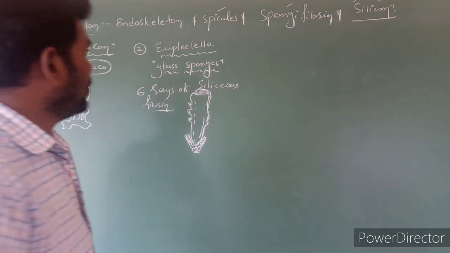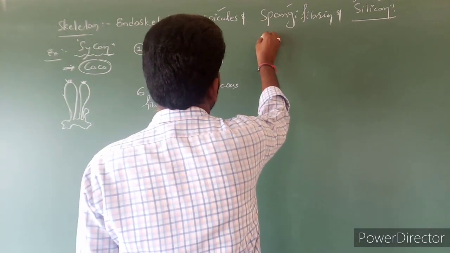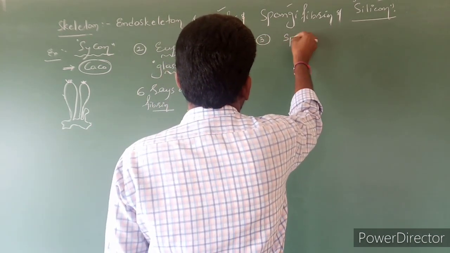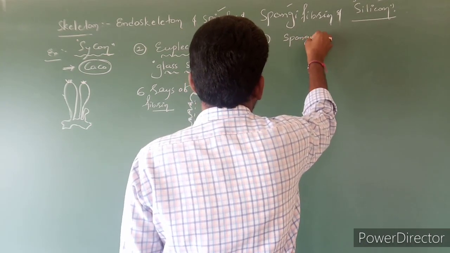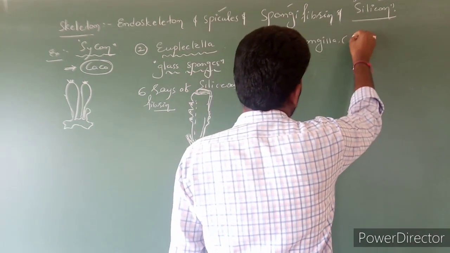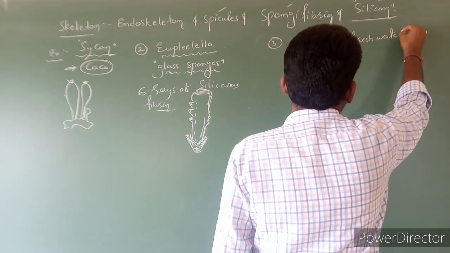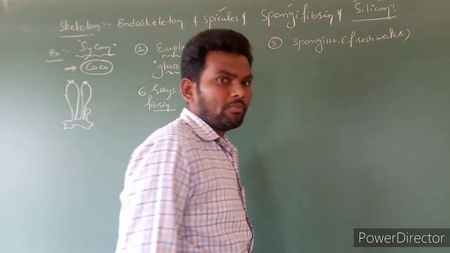Next, one more example is Spongilla. It is a freshwater organism.